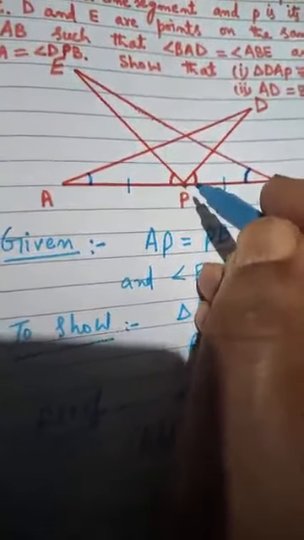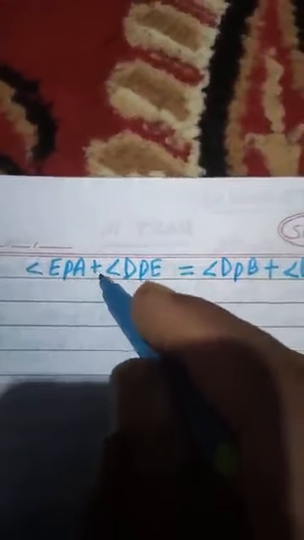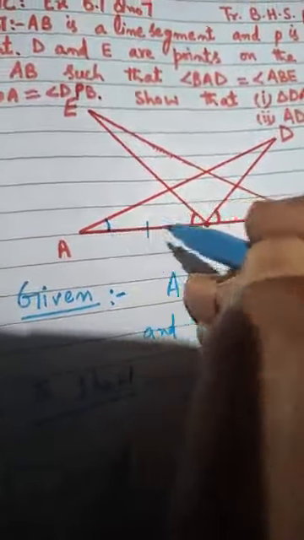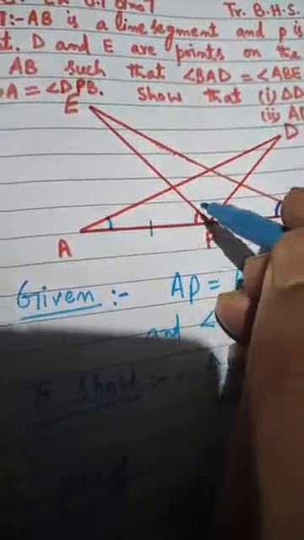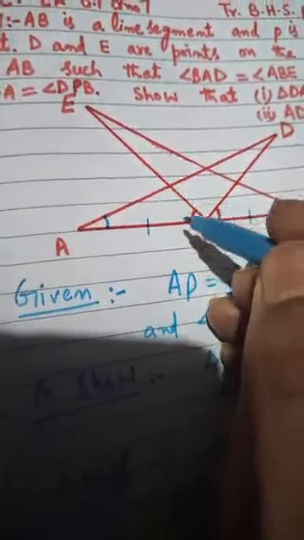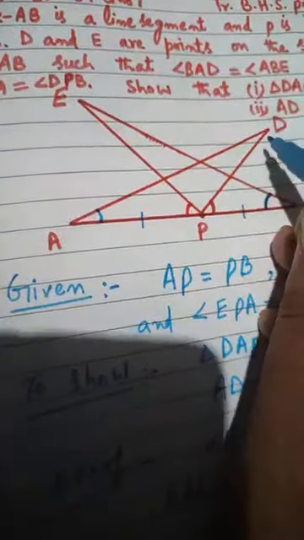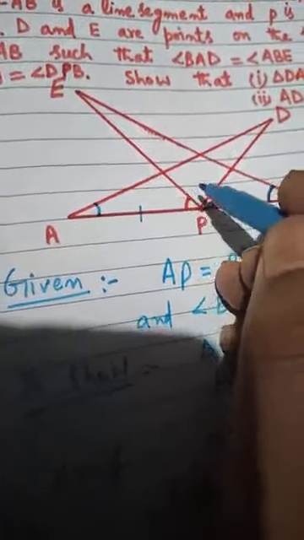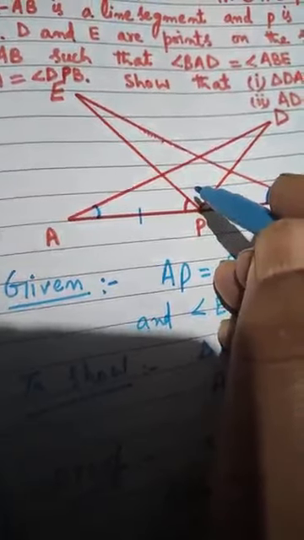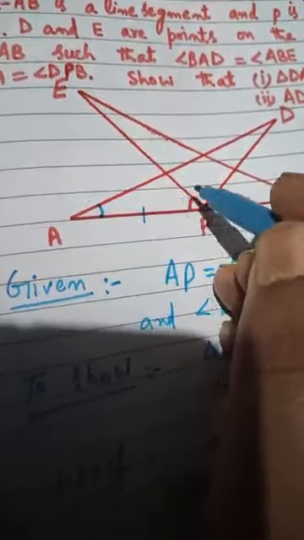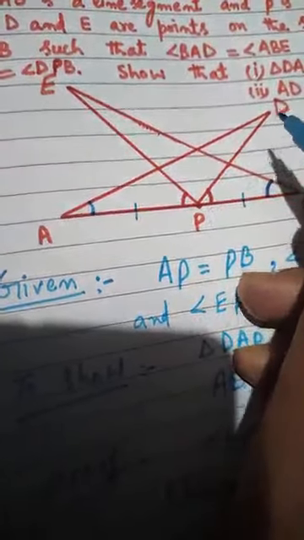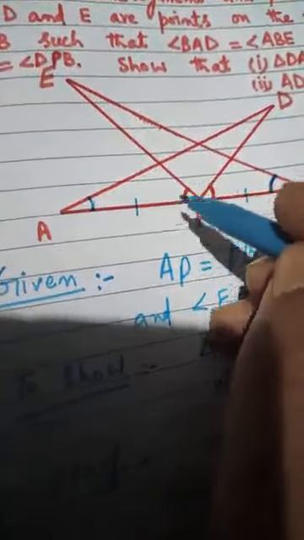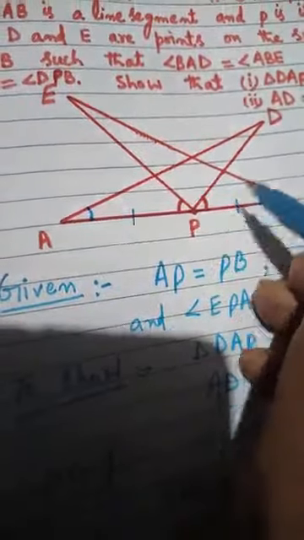So if we add these two angles, angle EPA plus angle DPE, we get a bigger angle, angle APD.